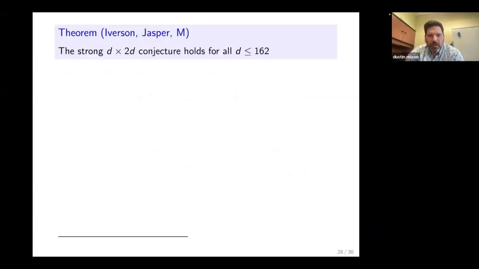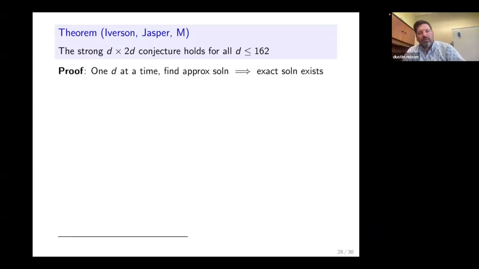Okay, so it turns out you can check whether the strong D by 2D conjecture holds for any given dimension. There's a routine that I'm going to show you. So this is one dimension at a time. The machine is, you get an approximate solution that you construct by gradient descent or something.